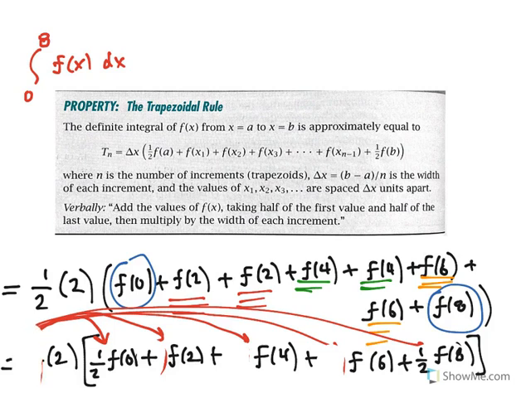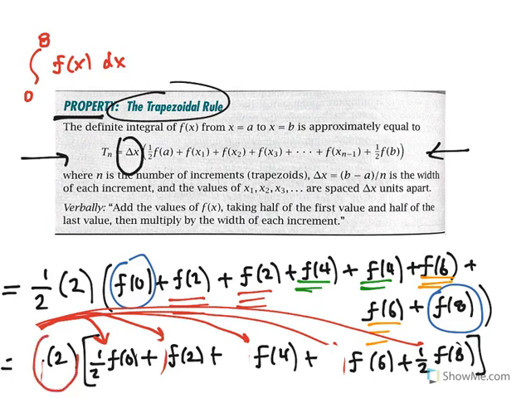And when you do that, you have the formula for the trapezoidal rule, which is stated as a property in your textbook. So the delta x refers to the height of each trapezoid, which in our example would be 2. And then you have 1/2 times f of a.